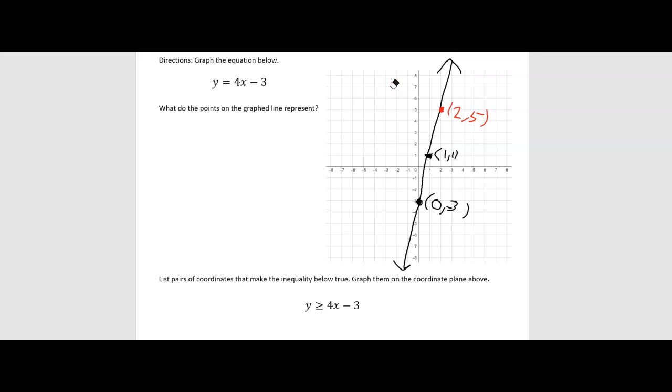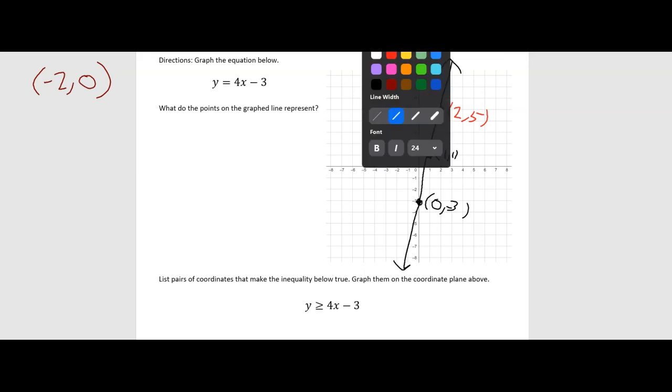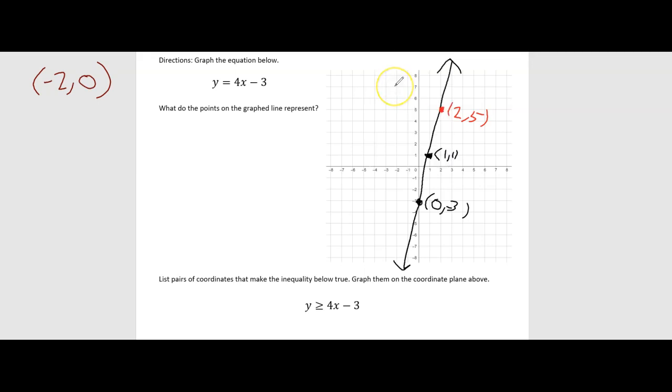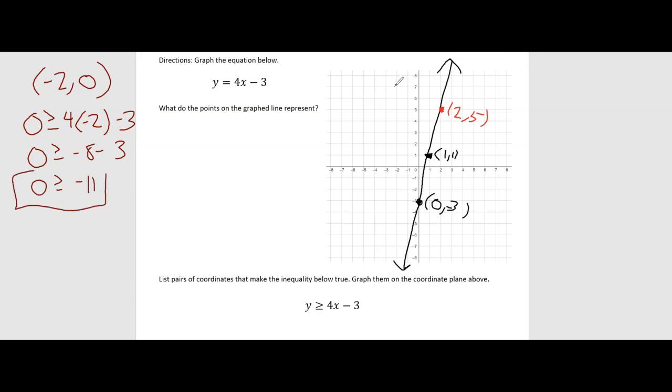Let's do -2, 0. So when I have that, my inequality becomes 0 is greater than or equal to 4 times -2 minus 3. I get 0 is greater than or equal to -8 minus 3. And I get 0 is greater than or equal to -11.